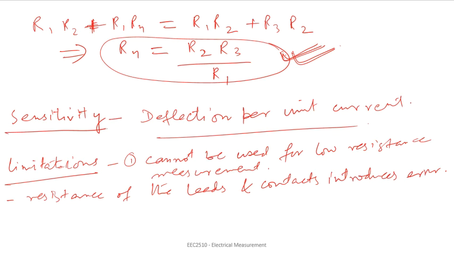Similarly, it cannot be used for the measurement of high resistance as well. In that case the resistance presented by the bridge becomes so large that the galvanometer becomes insensitive to imbalance. So it cannot detect the unbalance in the circuit for very high resistance measurement.